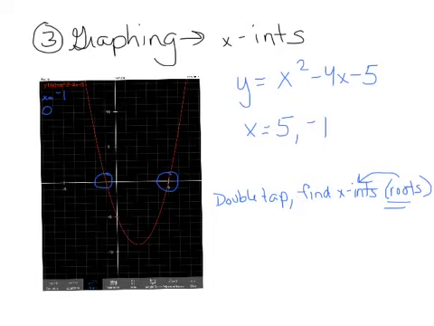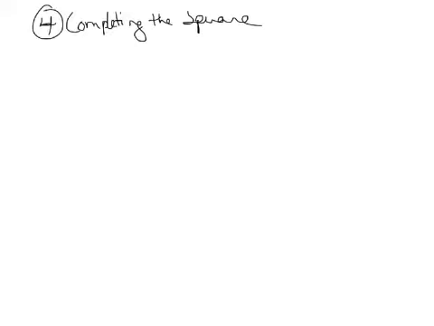Completing the square becomes a little bit more difficult process and can get very messy. What you're basically going to do, if I take that x squared minus 4x minus 5 is equal to 0, you're going to leave it as x squared minus 4x.